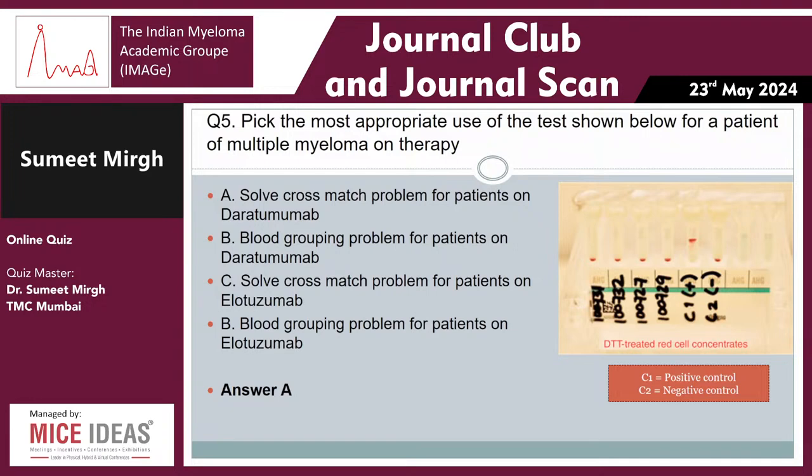So dithiothreitol cleaves off the CD38 from the reagent RBCs and helps us in solving this cross-matching problem. So the correct answer here is to solve the cross-match problem for patients on anti-CD38 therapies like daratumumab. Elotuzumab is anti-SLAMF7 and it is not expressed on the RBC, so that is why it is not an issue with elotuzumab.